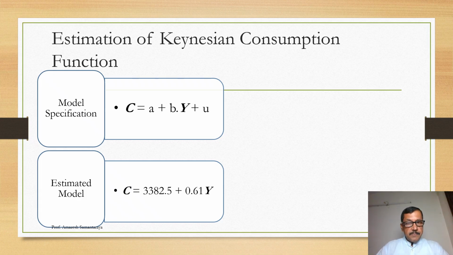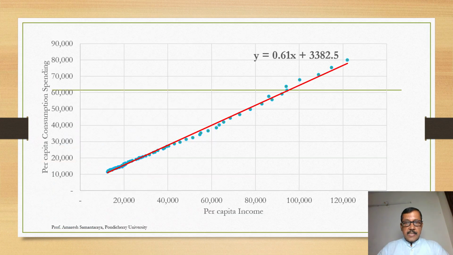So once we specify the model, the next step is to collect data on the left hand side variable C and on the right hand side variable Y. Then undertake OLS as I explained and estimate the intercept and slope coefficient. Using OLS with the minimization principle which I just explained, the estimated value of beta 0 is 3382.5 and the estimated value of beta 1 is 0.61, and this is explained here.